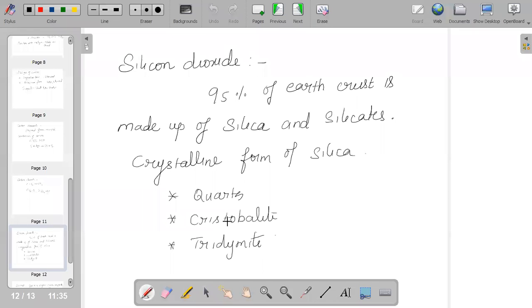The most important factor is that these forms are interconvertible at suitable temperature.